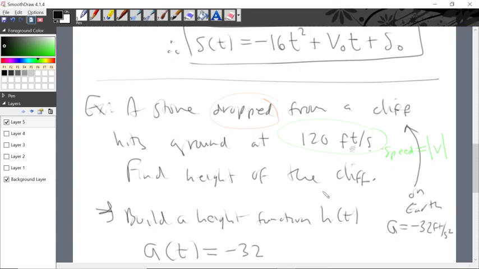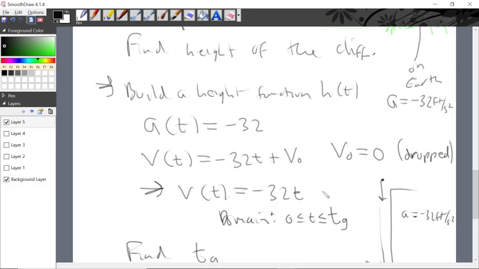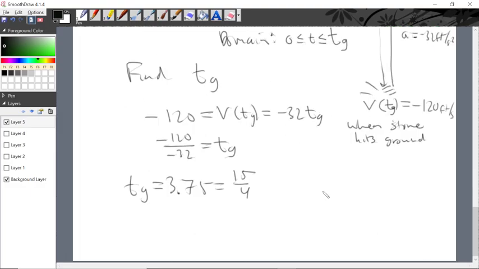We want to know what is the height of the cliff. How can we find the height of the cliff? We can find the height function and determine what was the initial height, h naught.